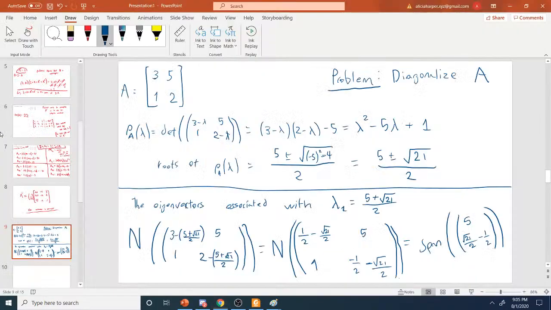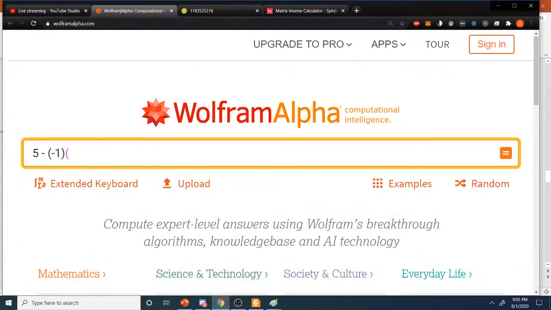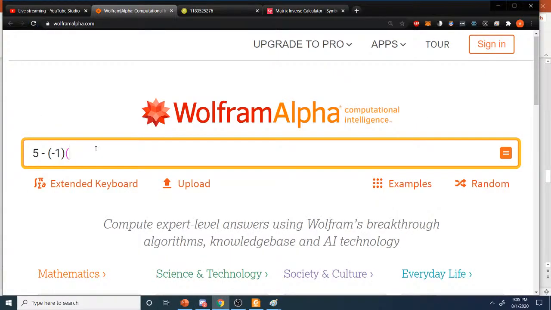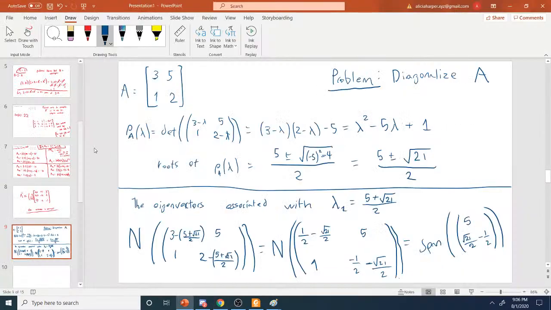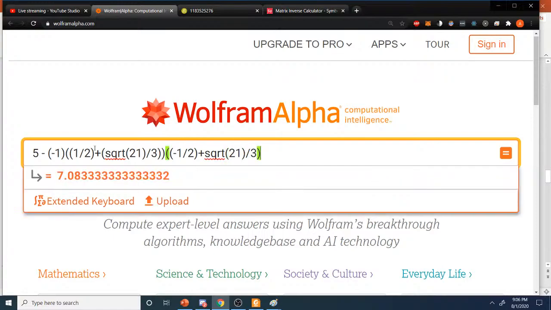Let me just do this over here. 5 minus, negative 1, 1, half plus the square root of 21 over 3, and then negative 1/2 plus the square root of 21 over 3.